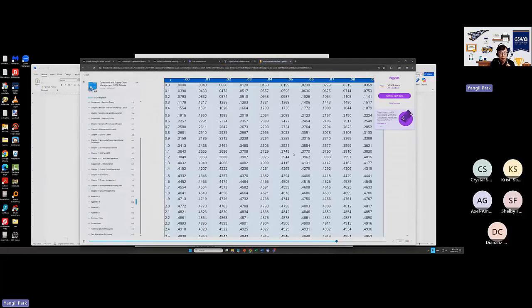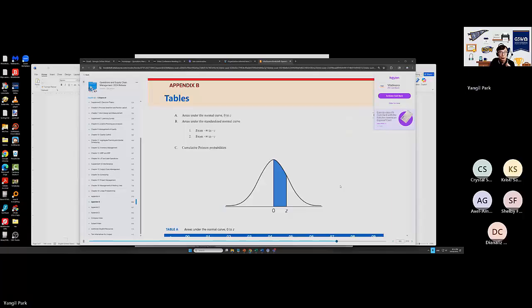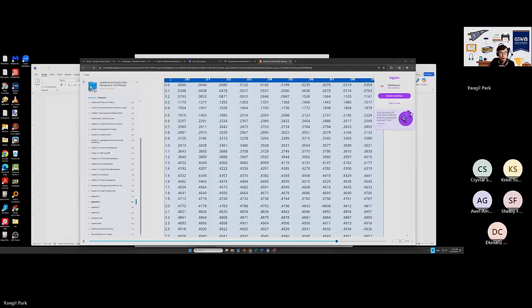So in this example, we take half of 95.5%, which is, what is it, 4775 or 4777. So there's a 4 in here between these two numbers. So that's where it comes from, 2.0 and 2.01. Okay, so that's where we found that z-score from.